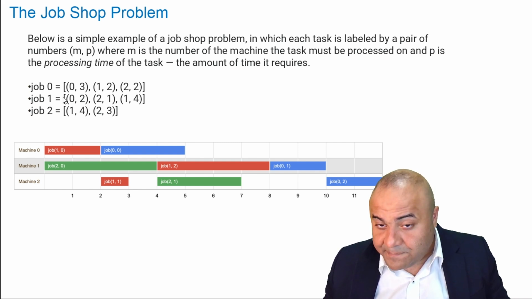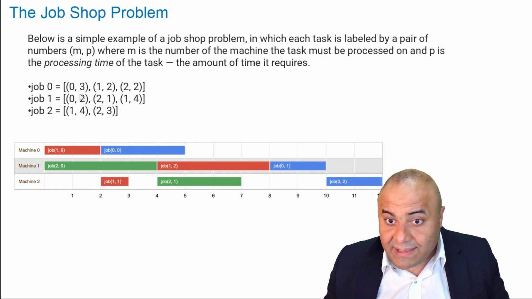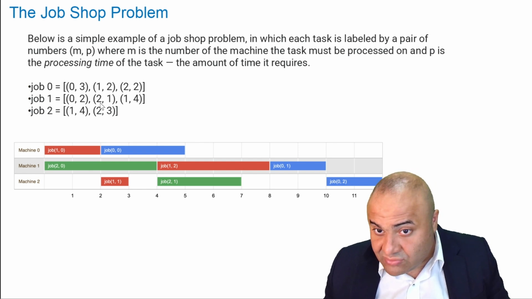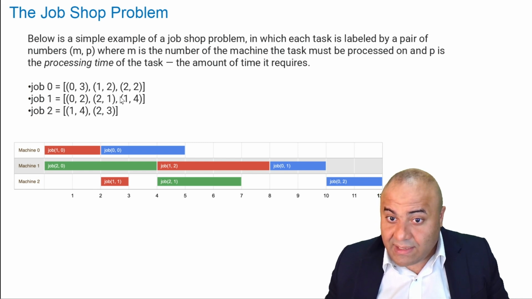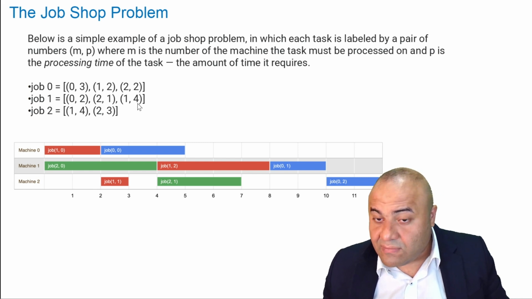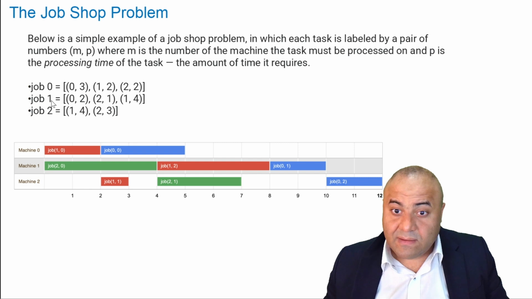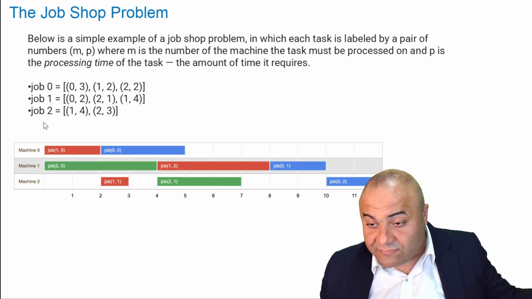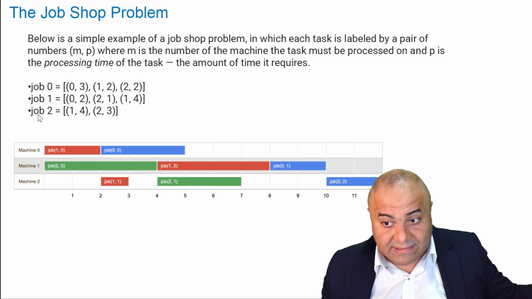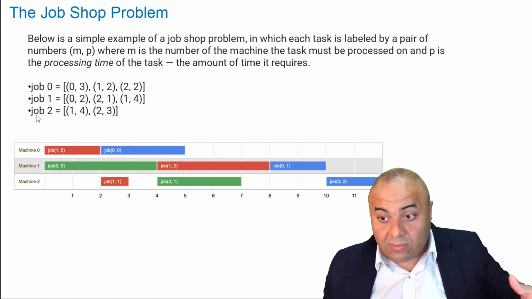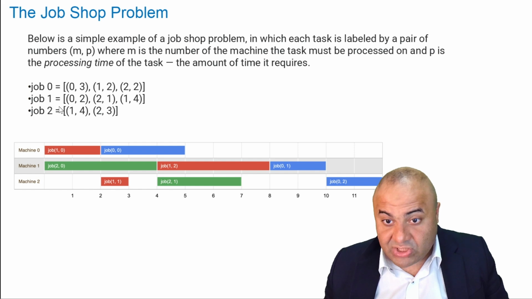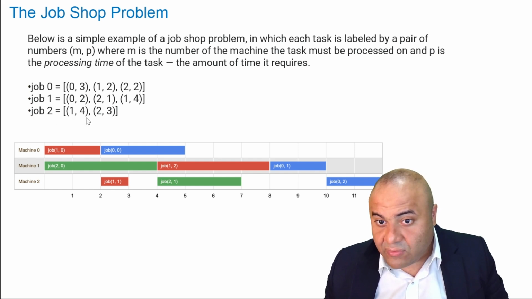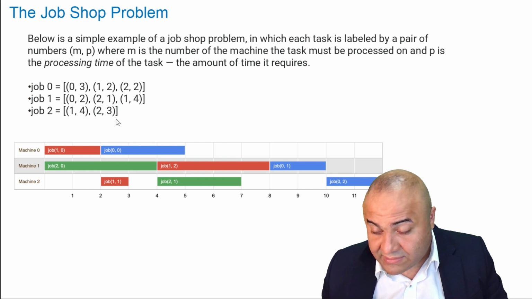For job 1, it has to be processed first on machine 0 for 2 hours, and then machine 2 for 1 hour, and then machine 1 for another 4 hours, and so on. Of course, the jobs don't require us to use all these machines. For example, job 2 only uses machine 1 for 4 hours and machine 2 for 3 hours.